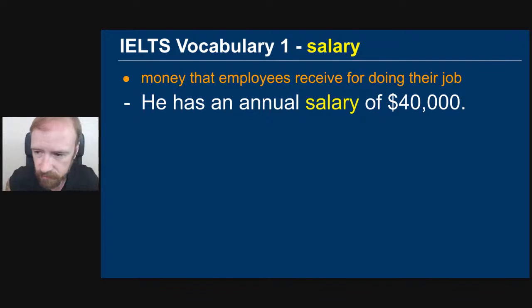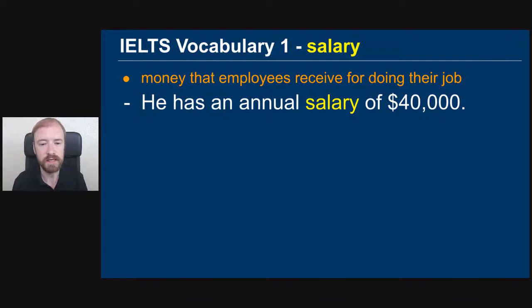All right, let's get into the vocabulary. Some of the vocabulary is easy, you already know, but there are some new expressions you will learn. Let's take a look here. The first one is salary. The orange part is what the word means: money that employees, the workers, receive for doing their job. If you are a professional, working at a company, you will get a salary.